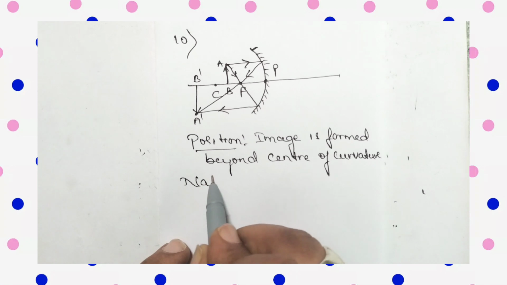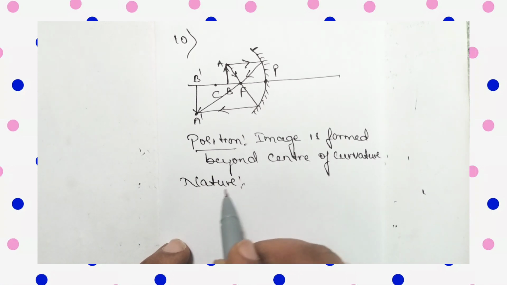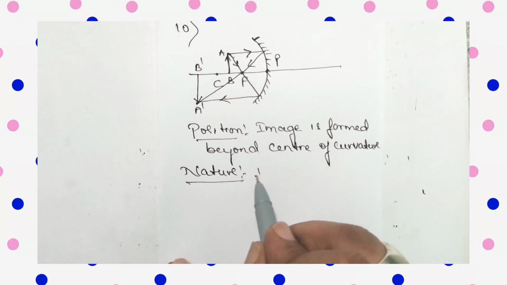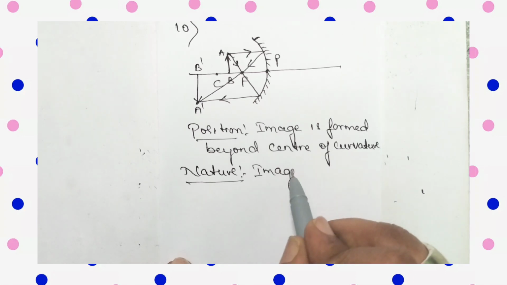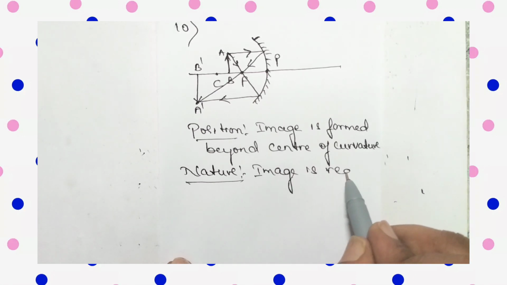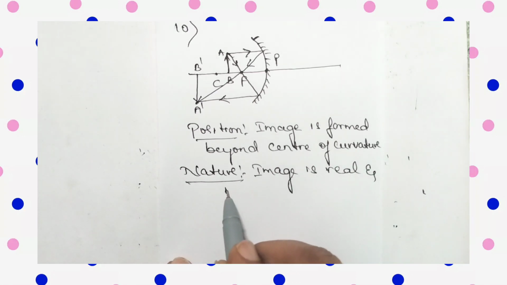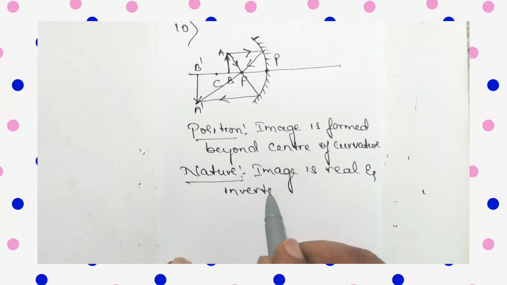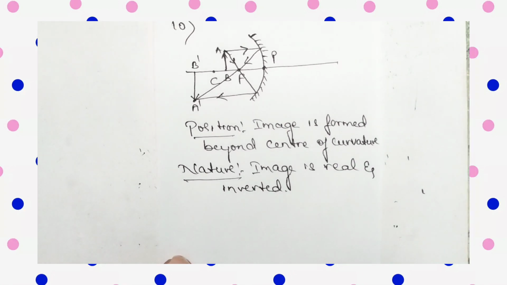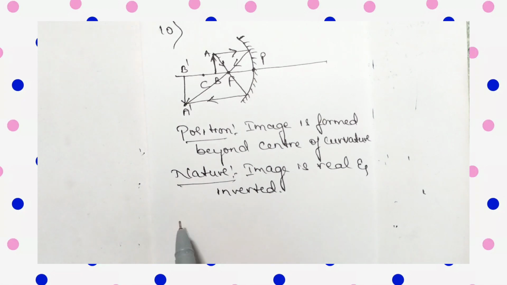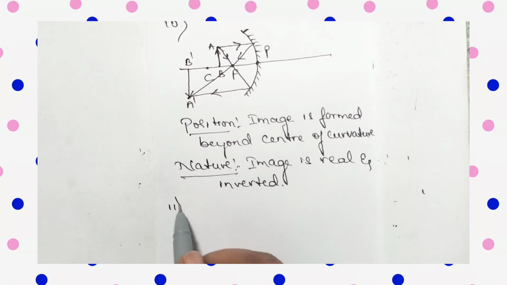Next, what is the nature of the image? The image is real and inverted. The real image is always inverted, so an inverted image is formed. So like this we have to draw the ray diagram for this one.